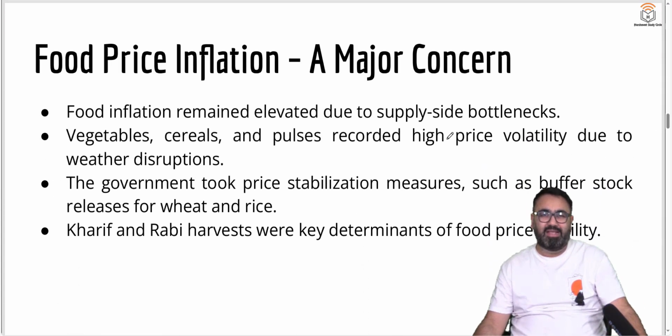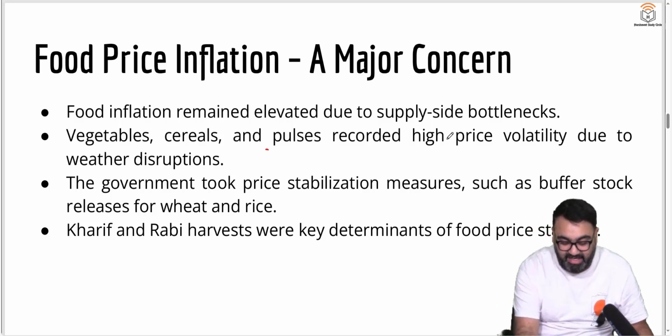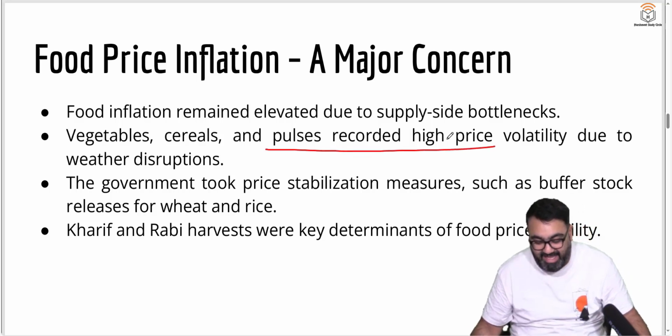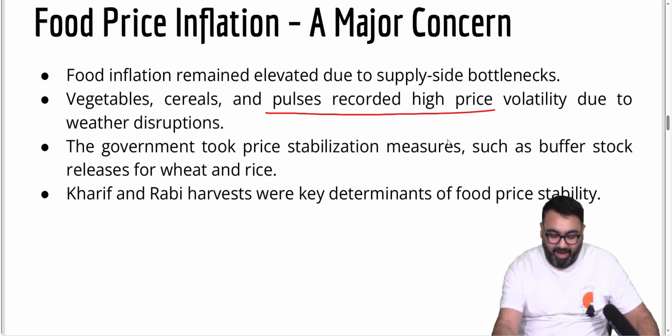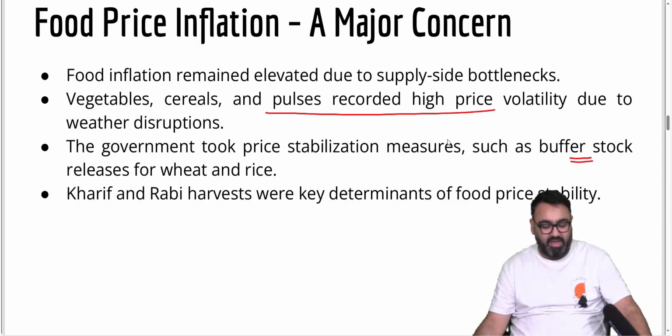As I said, food price inflation was a major highlight that the economic survey pointed towards. The economic survey said that vegetables, cereals and pulses remained high in price because of volatility. The government did take some action. For example, the government did have a buffer stock for rice and wheat, but for vegetables you can't have a buffer stock.